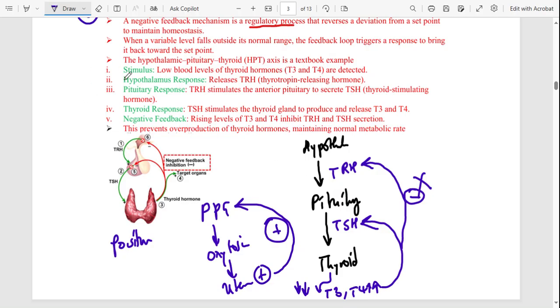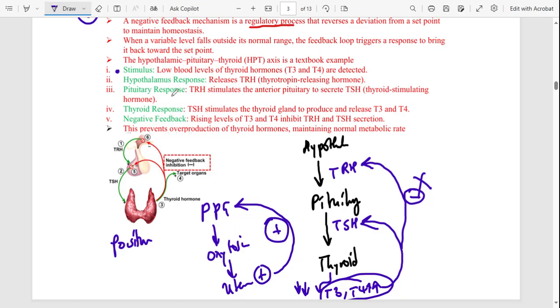So in this negative feedback loop, we have got a stimulus. In this case, it can be low thyroid hormone, depending on what hormone you are discussing. That will be the stimulus. And then there's going to be the response by the hypothalamus. So if there is a low thyroid hormone, the hypothalamus is going to respond by releasing the thyroid releasing hormone.